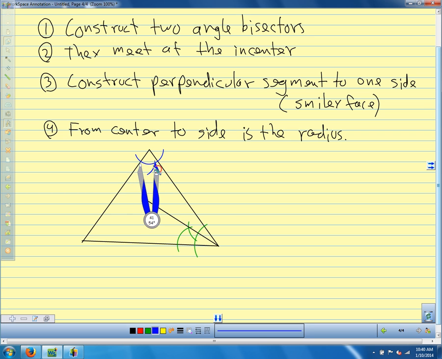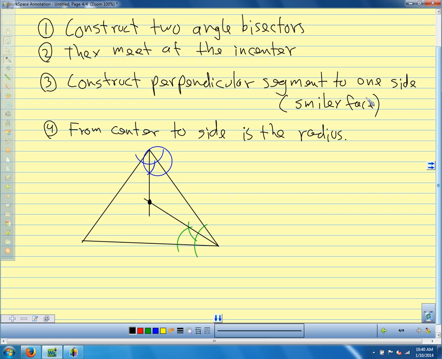Make an arc. Go to the other side, the point where the arc crosses the angle. Drew my whole circle, that's okay. Connect the vertex to where those two cross, and there's my incenter. So that's the center of my circle.